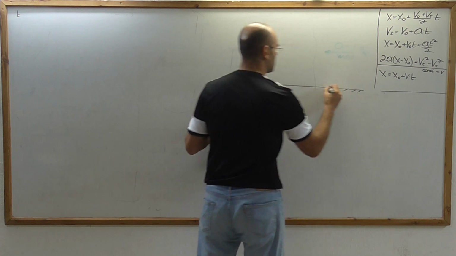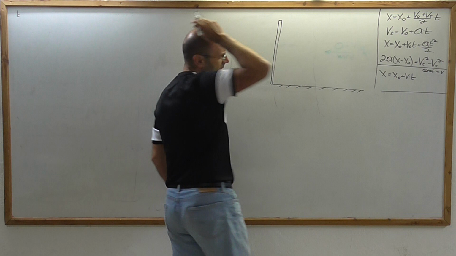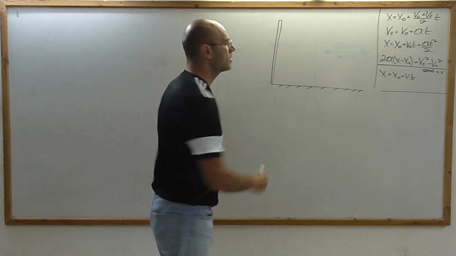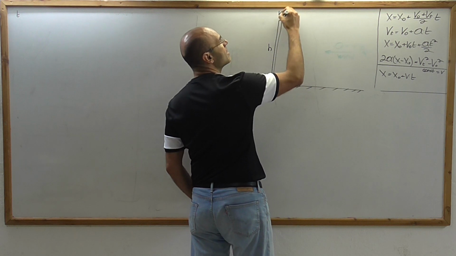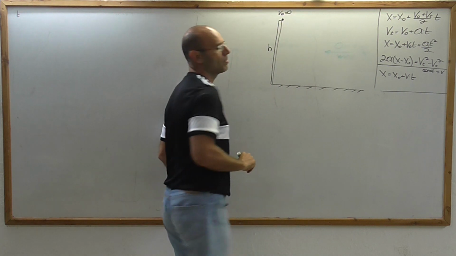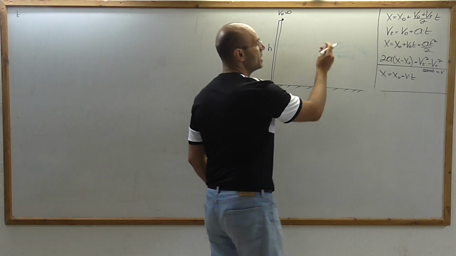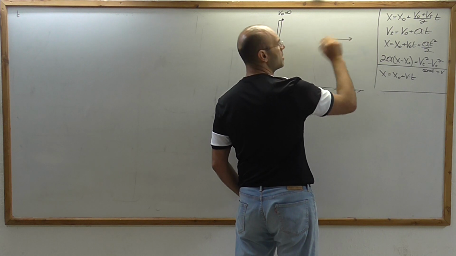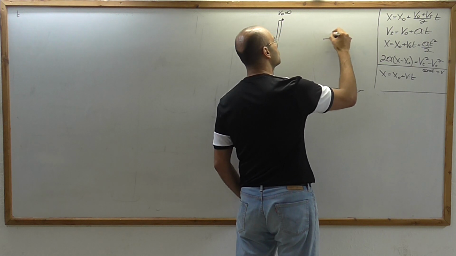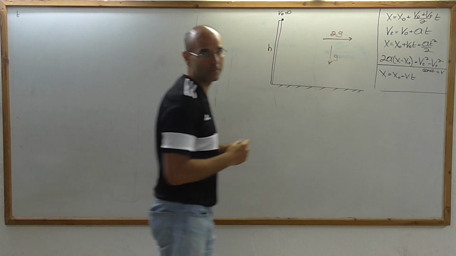Okay, I have the ground, the tower. Let's do it with letters, okay? This is H, and I have a ball here that doesn't move. V0 is 0. But also, there is wind here, in this direction, and let's say the acceleration is 2g. And also there's acceleration, obviously, g here.